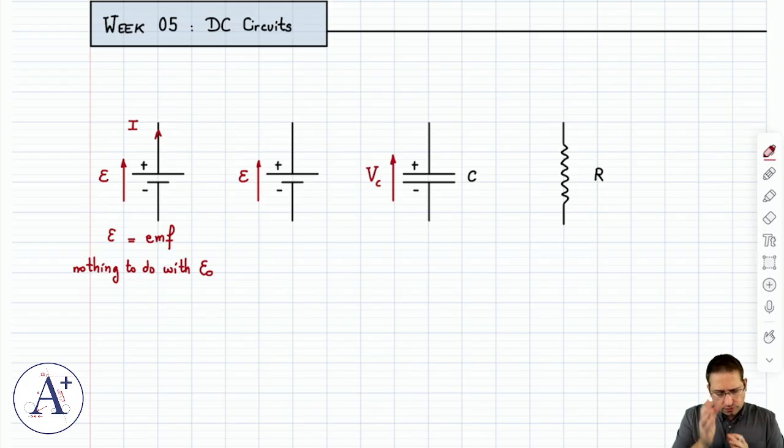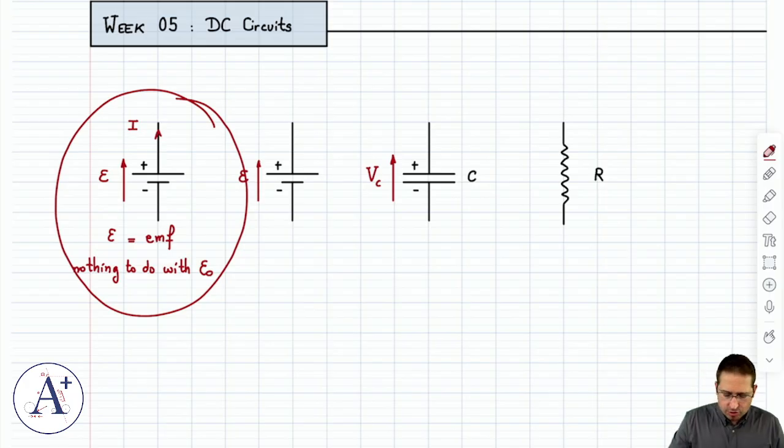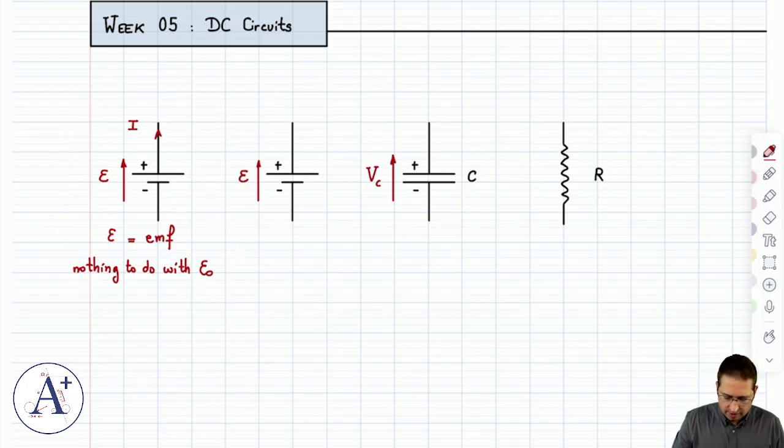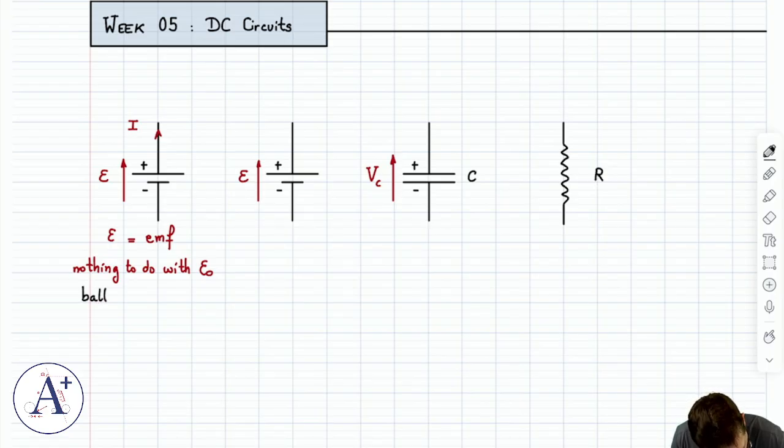So current is the flow of positive charge. 95% of the time, if you have a battery in a circuit, it is there to supply current, all right? Which means that it supplies power to the circuit, okay? So this battery here is going to be supplying power.